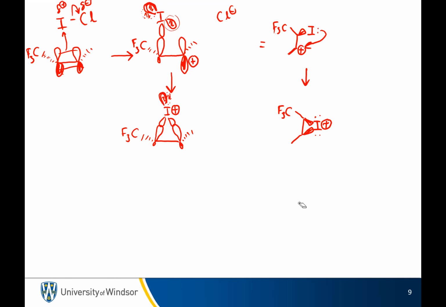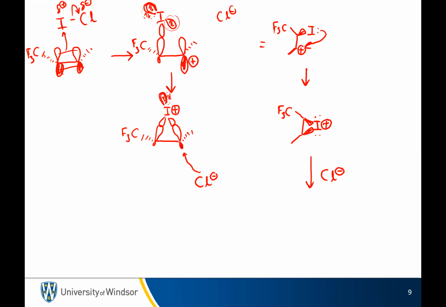So now, when we think that this is how this thing exists, we have our chloride coming in, and it can't come from the top because the iodine is in the way. In fact, what it needs to do, if you're thinking about this from what we've drawn over here, is the chlorine needs to interact with this antibonding orbital.